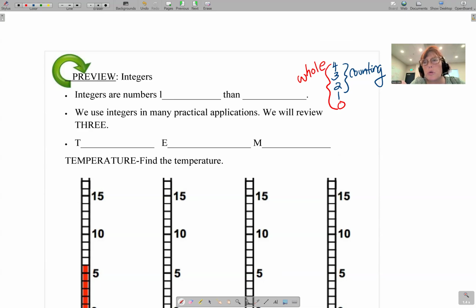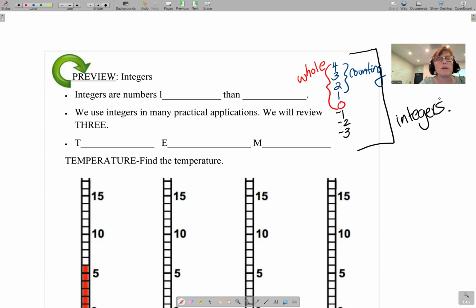When you include numbers below 0, like -1, -2, -3, we call this entire set of numbers integers. So you have counting numbers, whole numbers, which include 0, and integers, which include negative numbers. So integers include numbers less than 0.